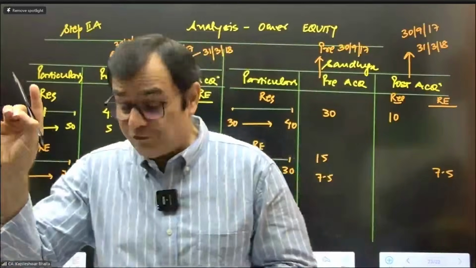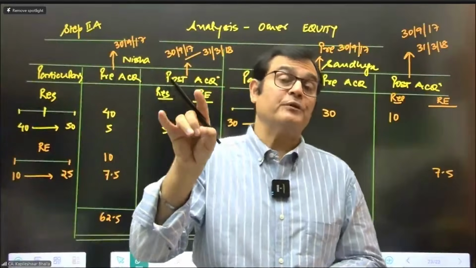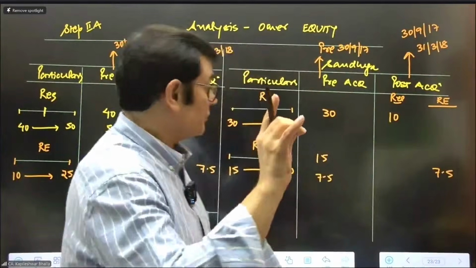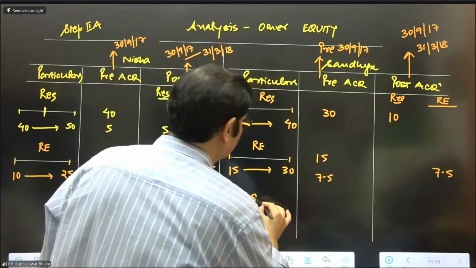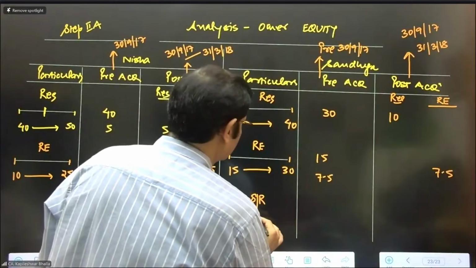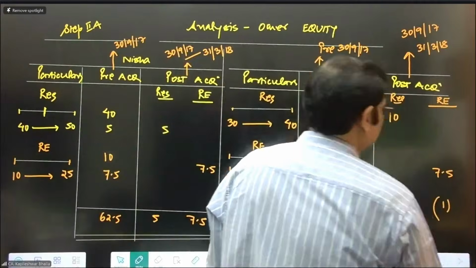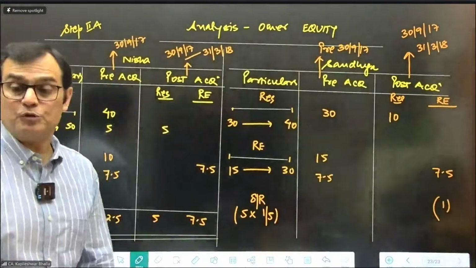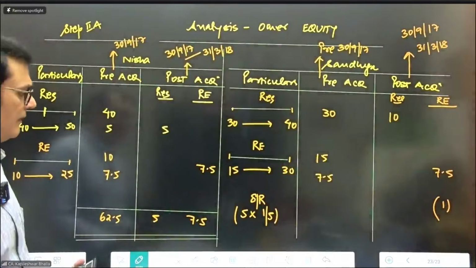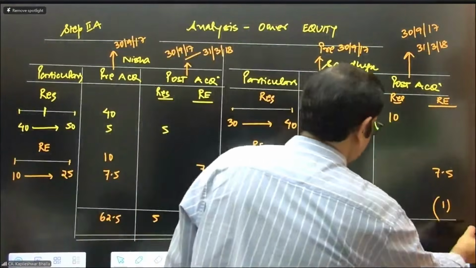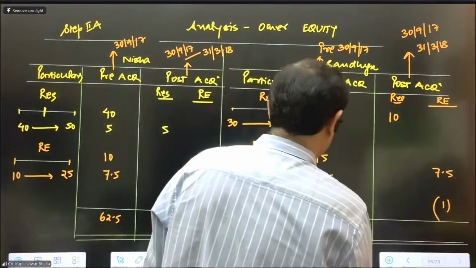So on 5 lakhs of unsold inventory, 1/5 would mean a profit margin of 1 lakh. So there is a need to eliminate the stock reserve, which is on 5 lakh, 1 by 5. So we eliminate this from the retained earnings in the post acquisition. I think that's it. So this takes care of the analysis for the bottom company as well.